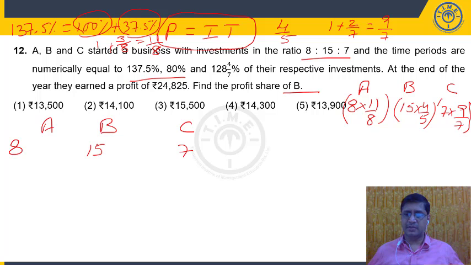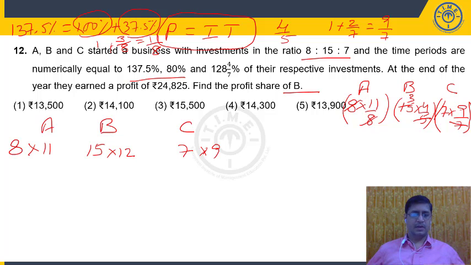These are the time periods. Now simplify: 15 goes exactly 3 times, 8 and 8 we can cancel, and 7 gets cancelled. What about the timings here? Timings are 11, 4 and 9, the ratios. Now simplify this, is there any cancellation? No cancellation possible here.